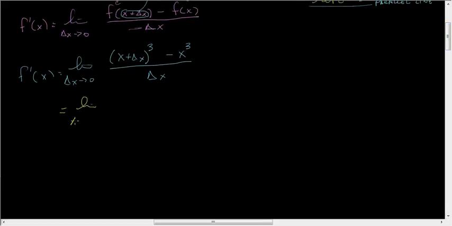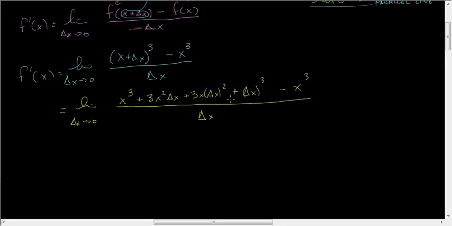This is the limit as delta x approaches 0 of x cubed plus 3x squared delta x plus 3x delta x squared plus delta x cubed minus x cubed all over delta x. If you can't see it, don't forget that x plus delta x cubed is really x plus delta x times x plus delta x times x plus delta x. And so you can just go through and multiply it out that way.